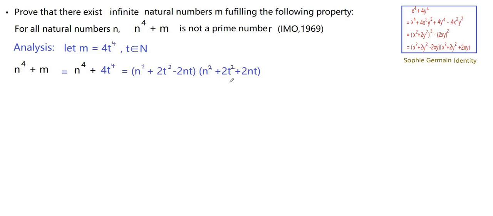Obviously, it is a product of two factors, so it is a composite number. So this problem is immediately solved if we use the Sophie Germain identity method.